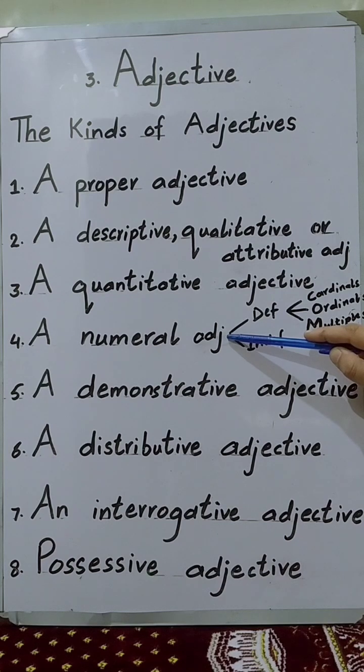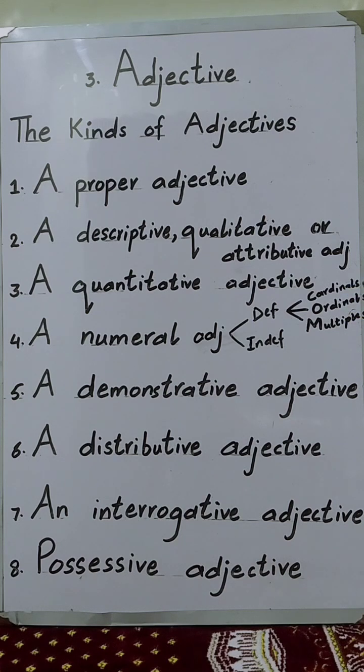A numeral adjective is one that shows the number or serial order of persons or things. They are further divided into two main classes, definite numerals and indefinite numerals. Definite numerals show some exact number. They are of three kinds: cardinals, ordinals, multiples.